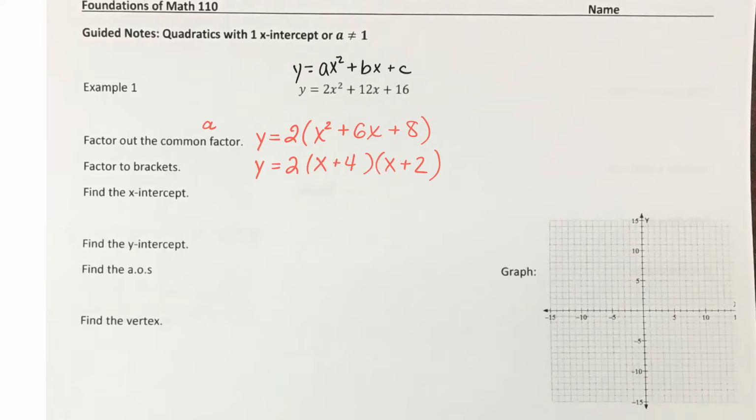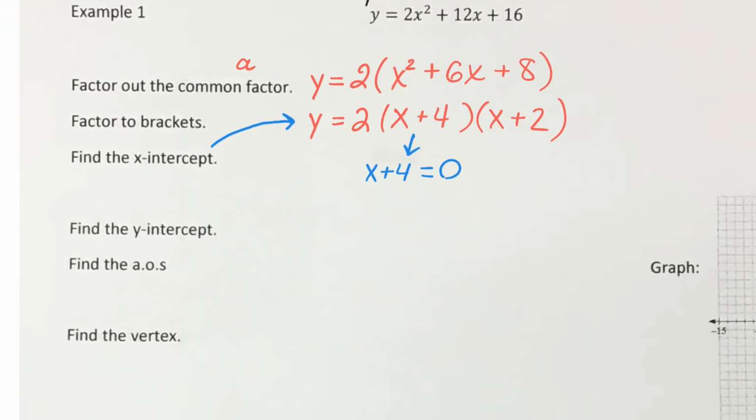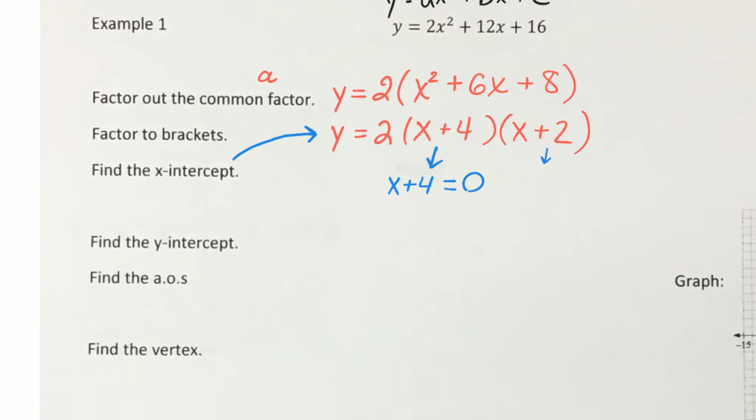All right, next up, we're going to find the x-intercepts. We're going to use this version with the brackets to give us the x-intercepts. I'm going to take my x plus 4 and make it equal 0, and then take the x plus 2 and make that equal to 0, because remember, when I look for x-intercepts, I replace the y with 0.